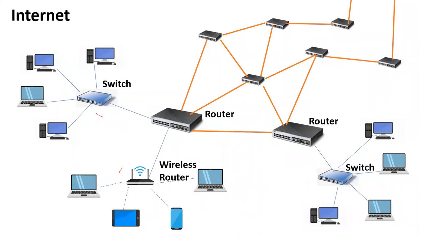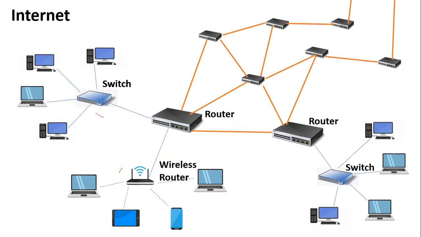Dialog has a router. SLT has a router. In the next city, Nugegoda, Kurunegala, Kandy, Colombo, like that, all the branches of one service provider maintain a router. From that router, they draw cables and give connections to other separate individual networks. It is through the routers that they give these internet connections to others.